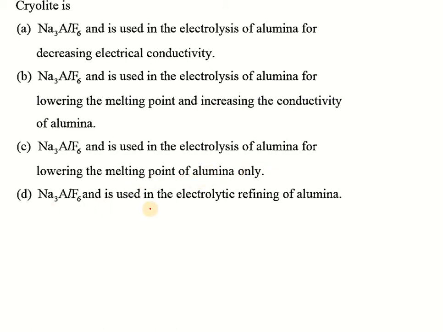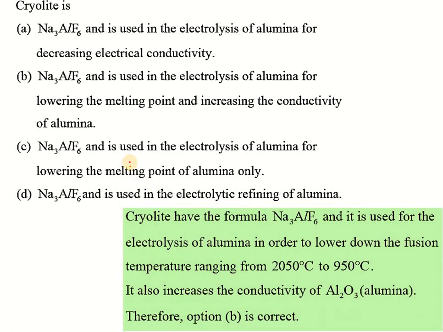As per the statements, cryolite has the formula Na3AlF6 and is used in the electrolysis of alumina to lower the fusion temperature from 2050 degrees Celsius to 950 degrees Celsius. So it increases the conductivity also. It matches the second option statement, that is the right option.